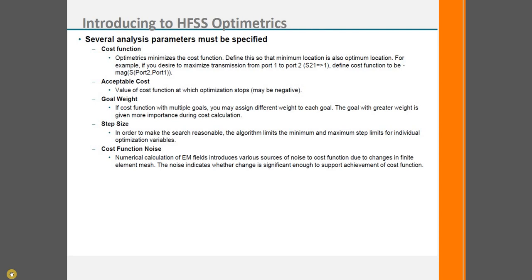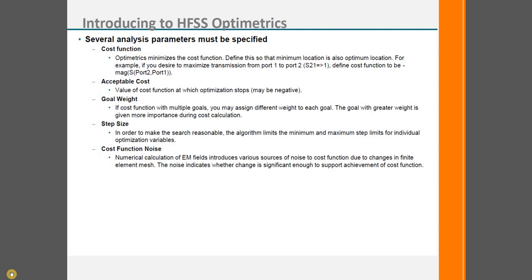For example, S21 is equal to or larger than 1, or you can define the cost function to be the magnitude of S11, or the absolute value of S11, or in dB, whatever HFSS allows us to define. You can express the cost function. Acceptable cost is the value of the cost function at which the optimization process stops.